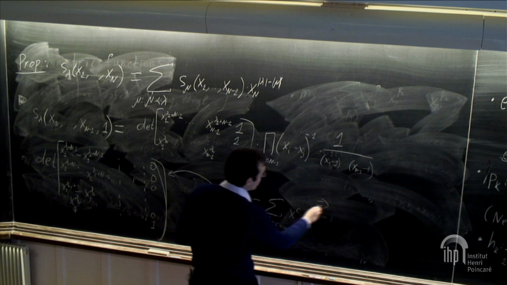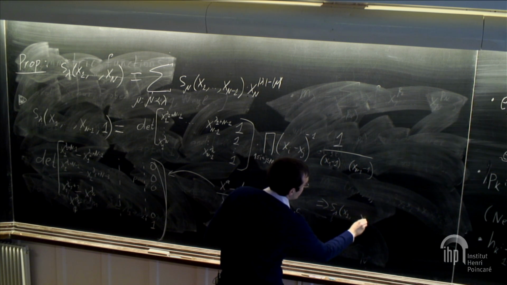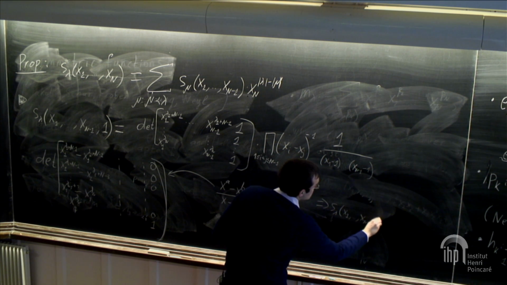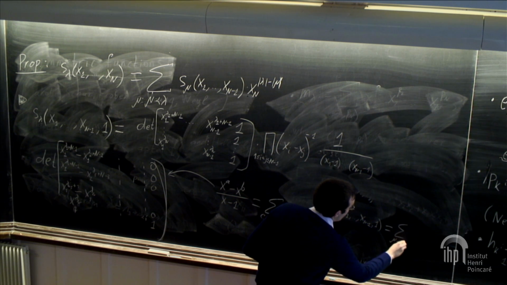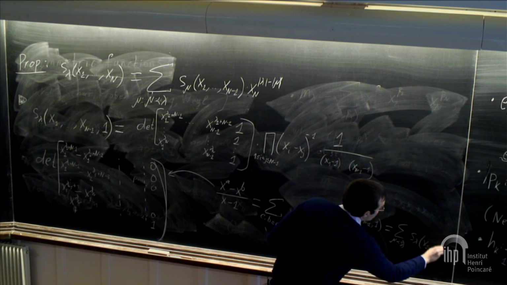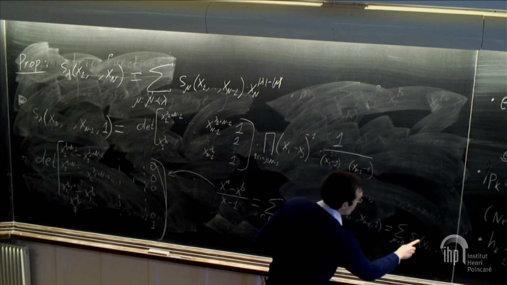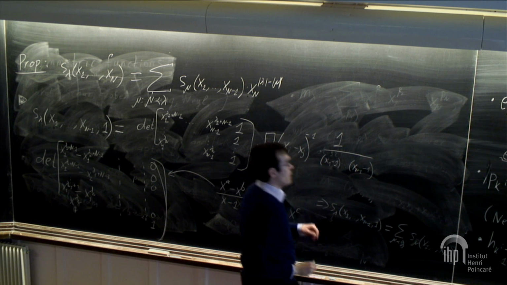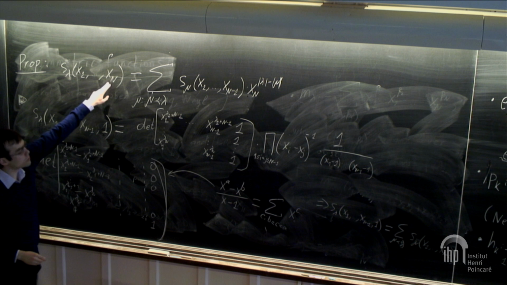So from this, I proved that S lambda of x1, ..., x n minus 1, 1 is a sum of S mu. But now I want to have this equality which includes xn.